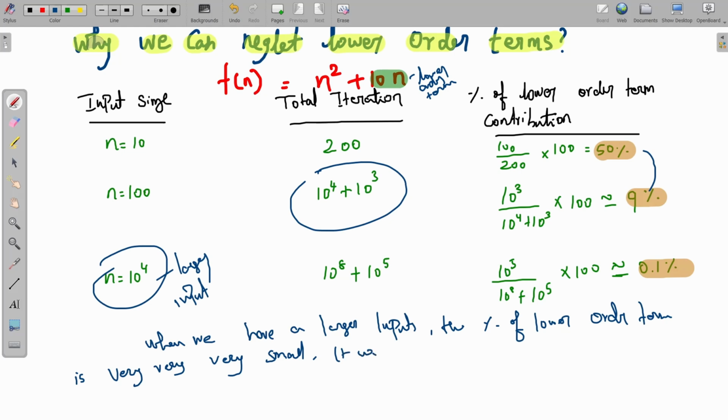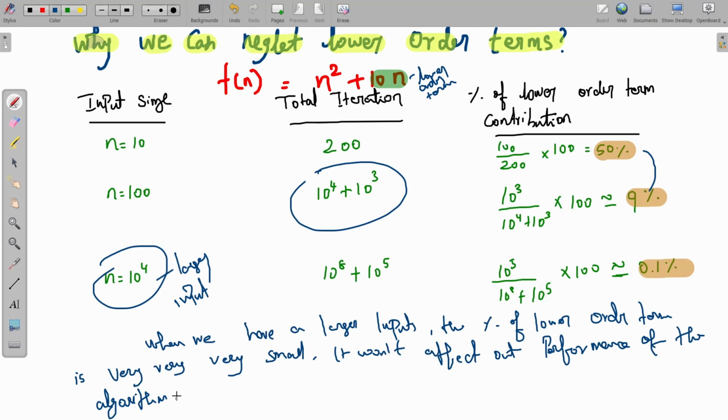It won't affect our performance of the algorithm. So that we can ignore, so that we can reject lower order terms as well as constants.